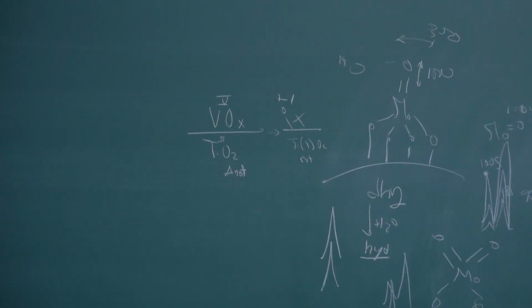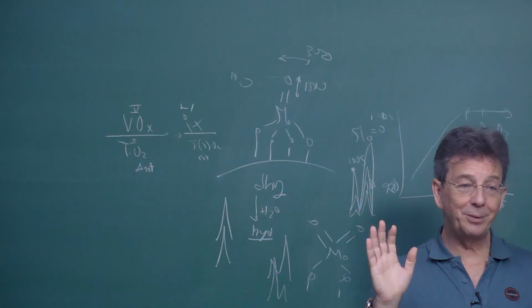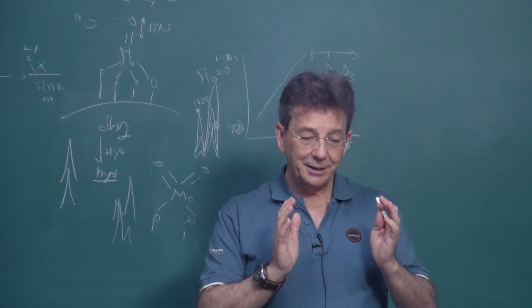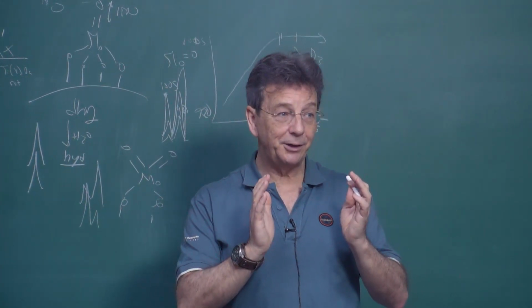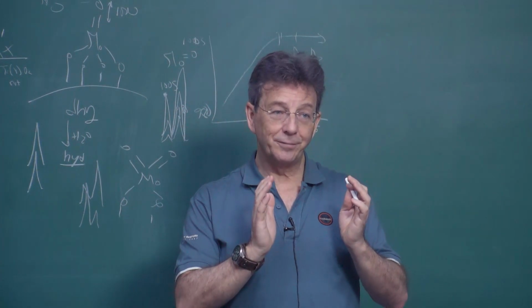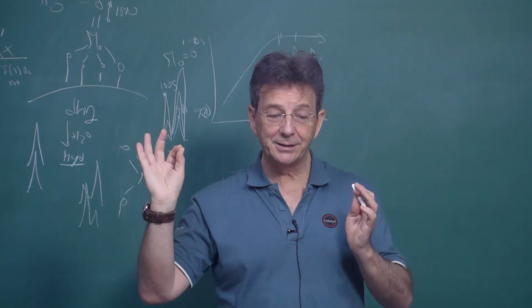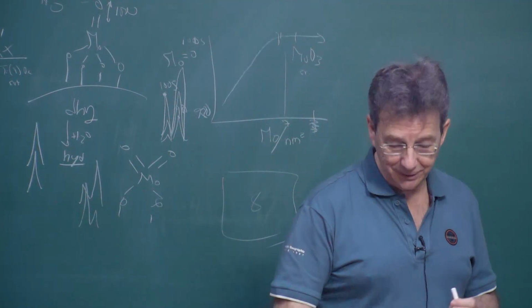So when vanadium is partially reduced from vanadium 5 plus to 4 plus, it grows a little bit in size. And the vanadium 4 plus has essentially the same size as titanium 4 plus. So for vanadium 4 plus, it's very easy to replace some titanium sites in the lattice. And that is the beginning of the end.